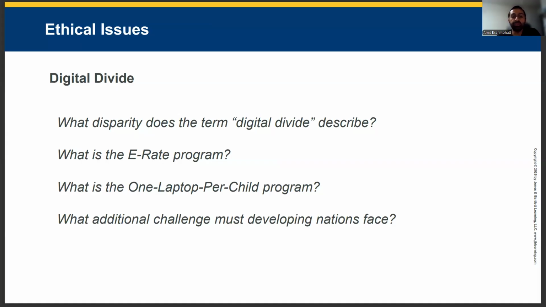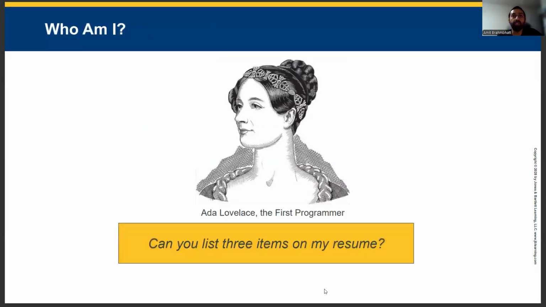Developing nations face additional challenges: infrastructure, affordability, and local language content. As technologists, we influence who benefits from this technology. Equity and accessibility should be design requirements and not afterthoughts.